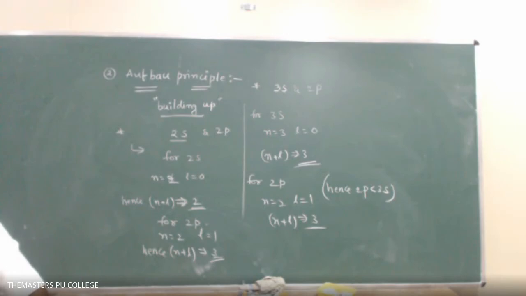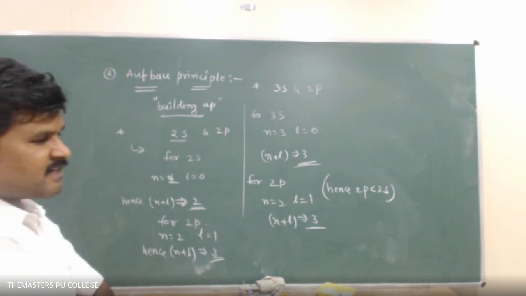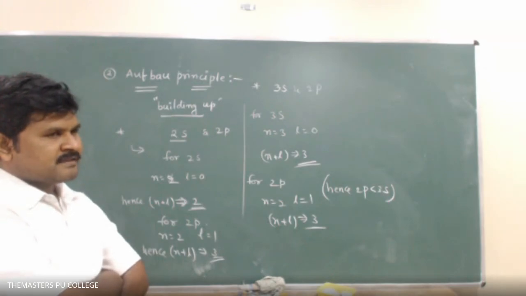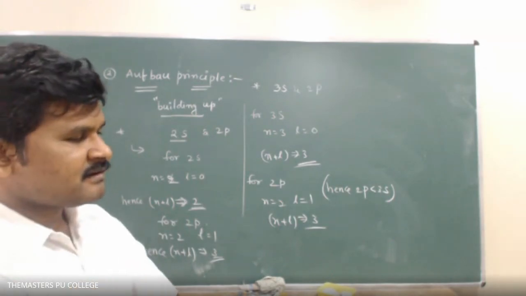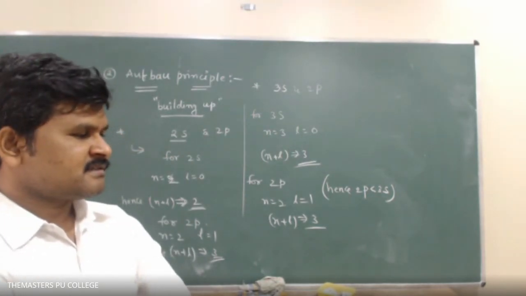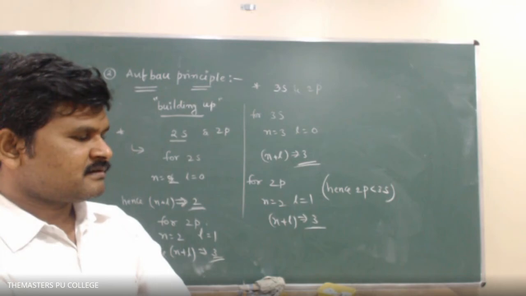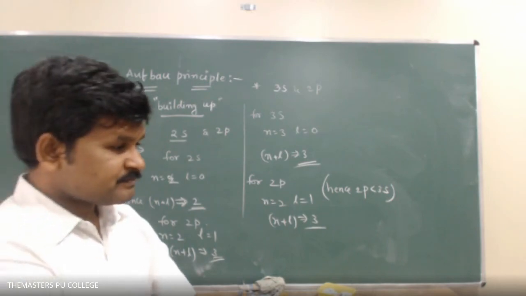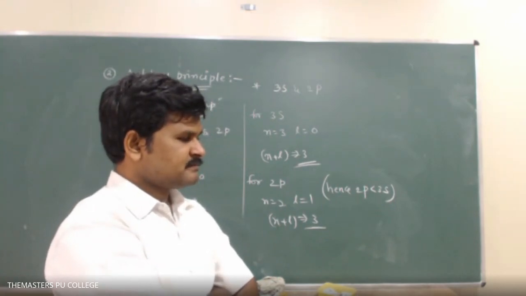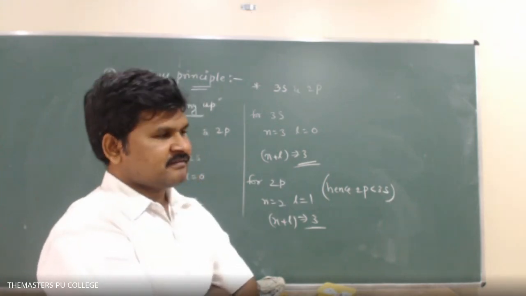Write down: if n plus l values are same, then the electron enters into the orbital which has the least n value.